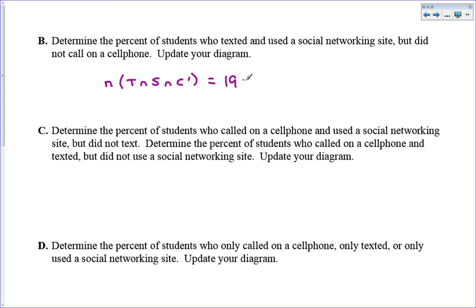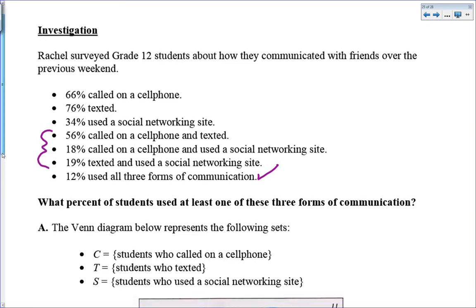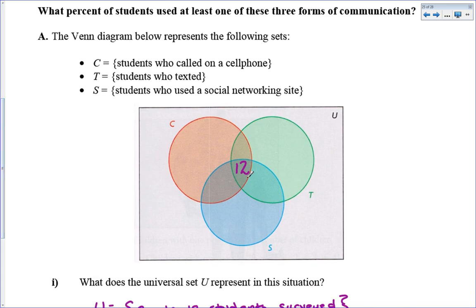And since there were 12% who used all three, we're going to go 19 minus 12, and that's going to give us 7. So 7%. So then we can put that in our diagram, that's 7%. So we texted and used a social networking site. So T and S but not C. So this is 7 that goes in there.